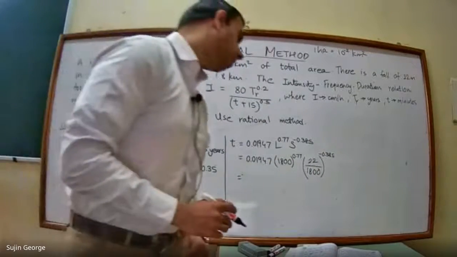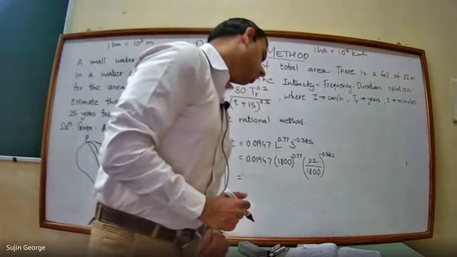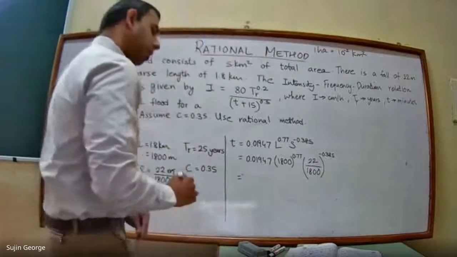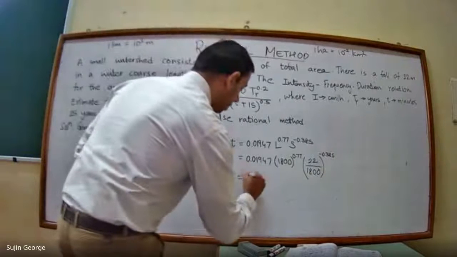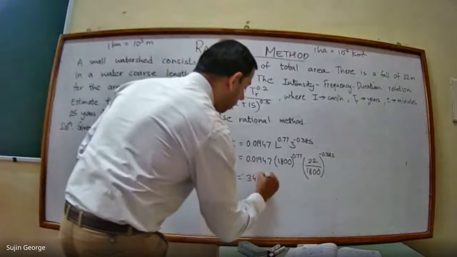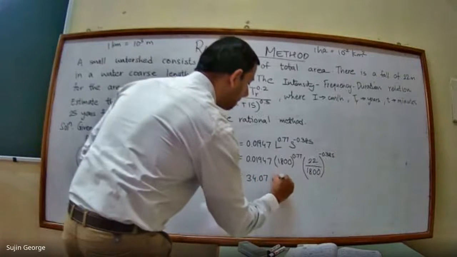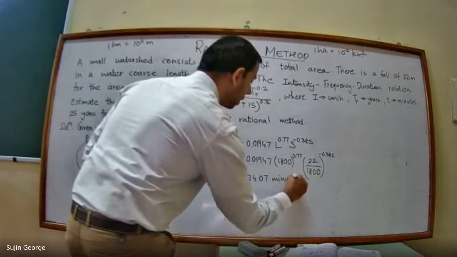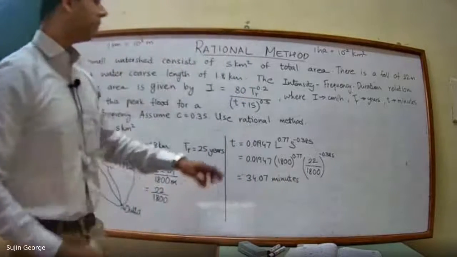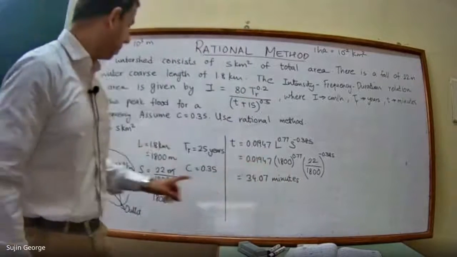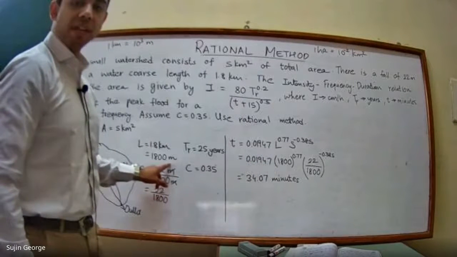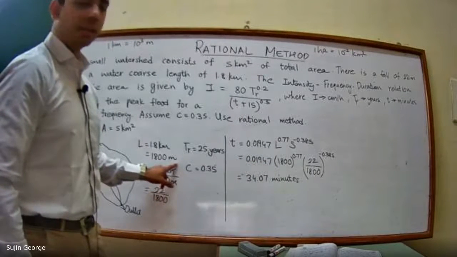So the value of t comes out to 34.07 minutes, because we have taken the value of L in meters.